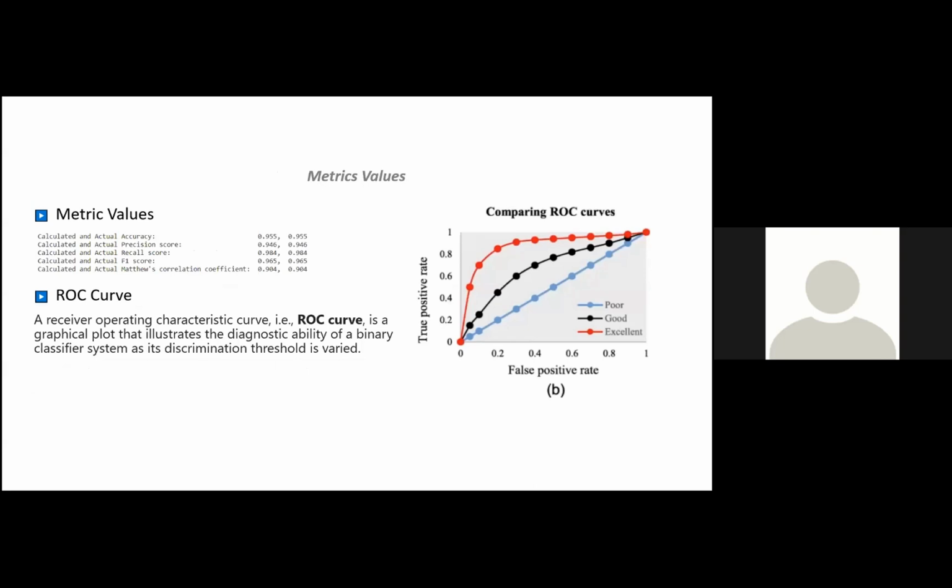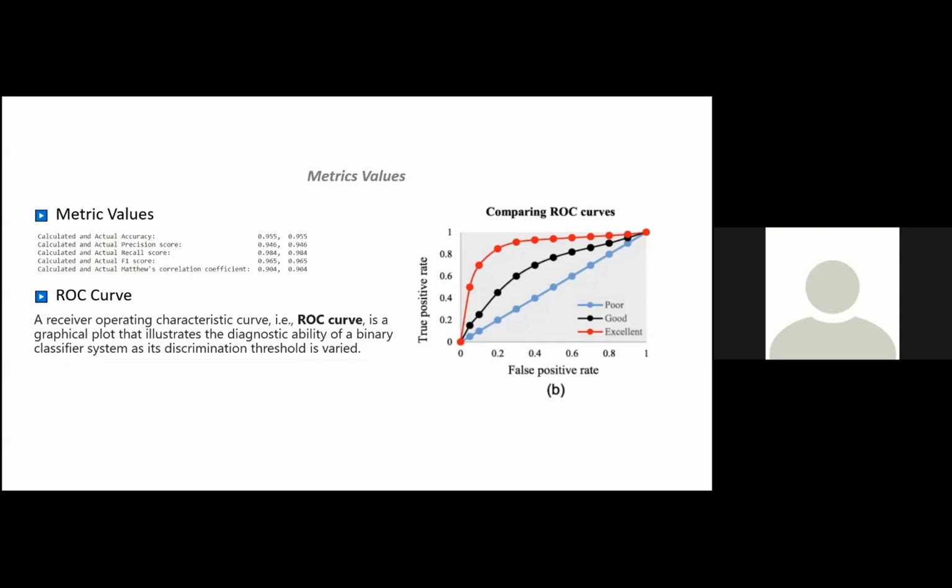And coming to the metrics values, the other important point we need to consider for identifying the best classifier is the area under the curve, which is plotted using the ROC curve.